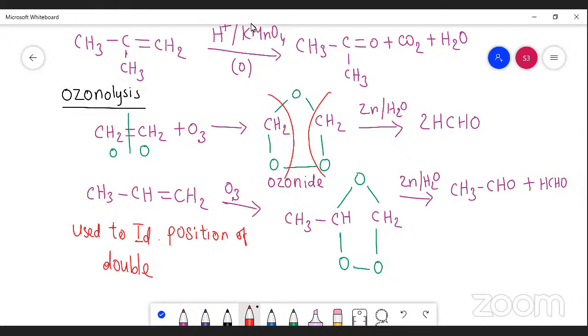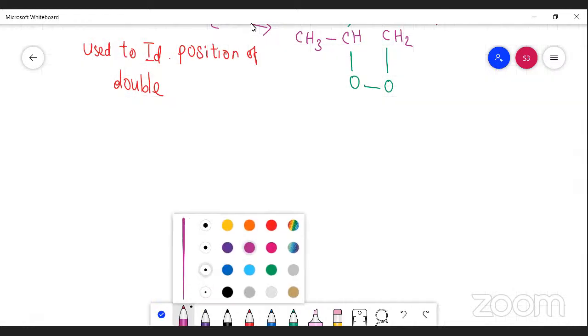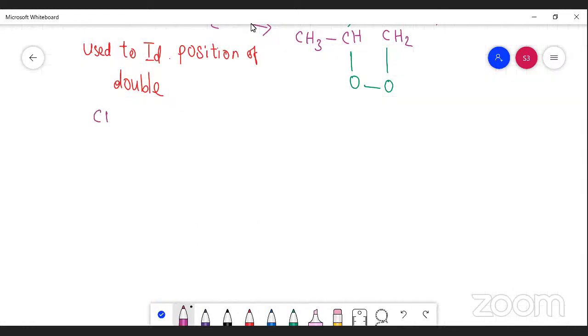Listen, we are taking any alkene, CH3-CH=CH2. If on cleavage formaldehyde is a product, then the position of the double bond is at the end.